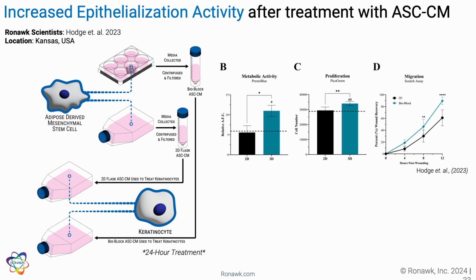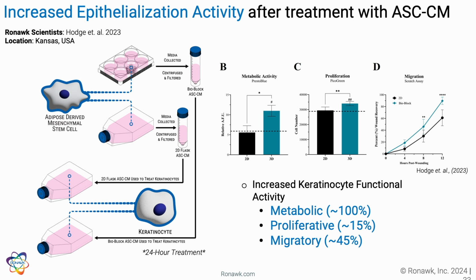We then took those keratinocytes, did a scratch assay, and added the media that was collected from the bioblocks and from the 2D MSCs, and we saw an increase in their migration. So what we're seeing is an increase in metabolic activity, proliferation, and migratory activity by the secretome of the cells cultured in the bioblocks.